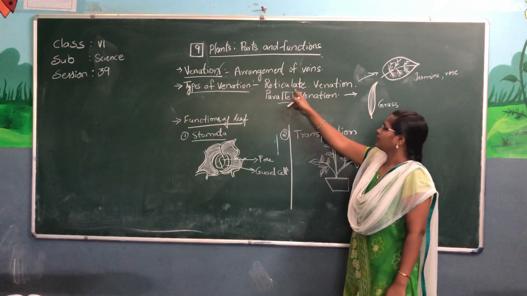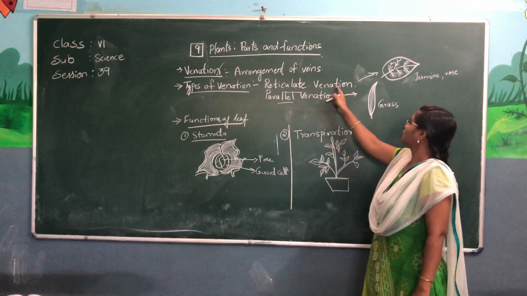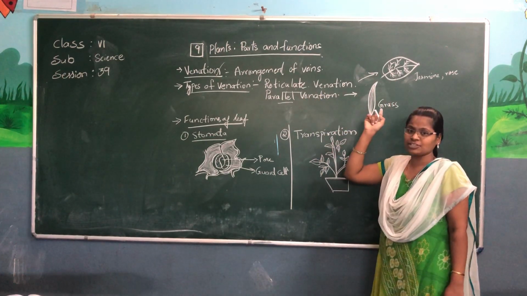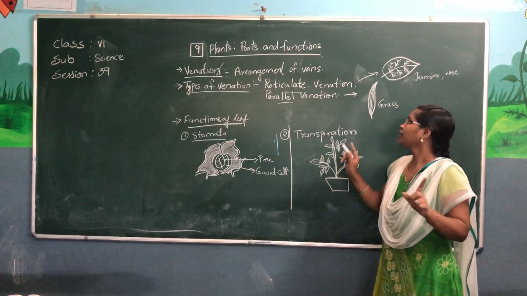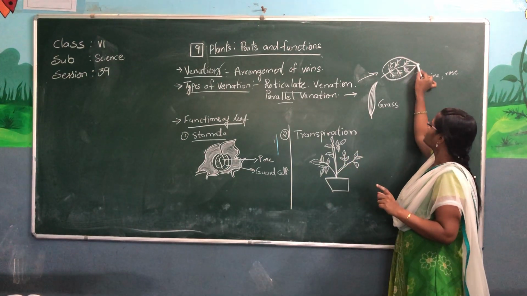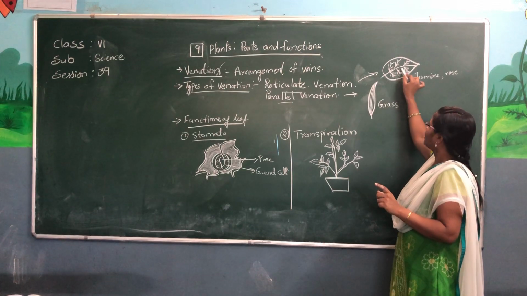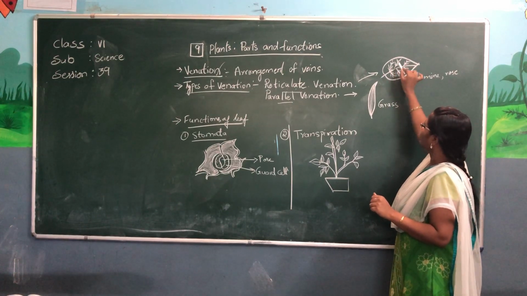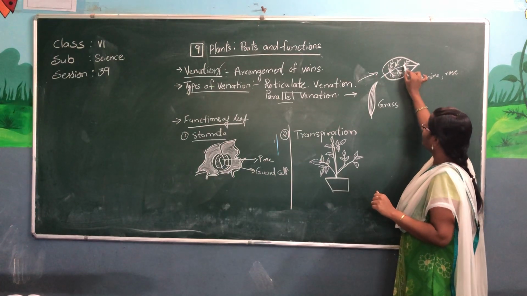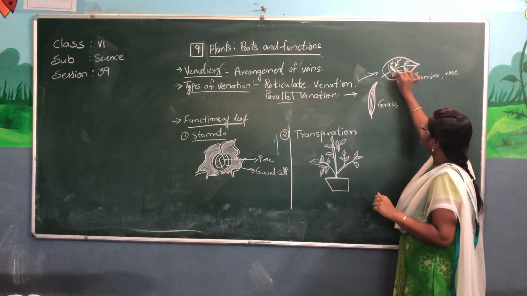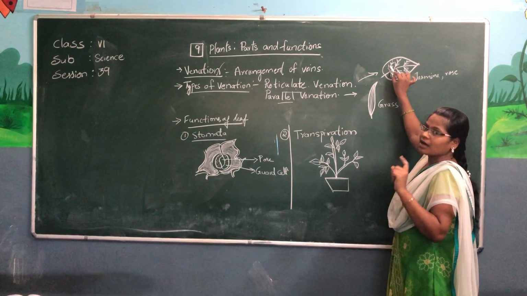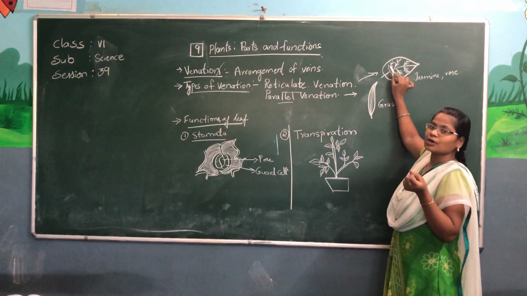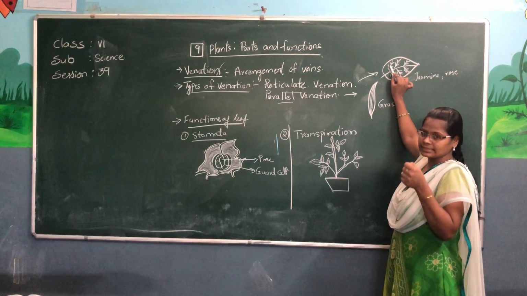Reticulate venation: in reticulate venation, the veins are arranged like a web. We have the midrib. This is the midrib. From the midrib, you will have veins rising. From these veins, again you will have other small veins which are called veinlets.